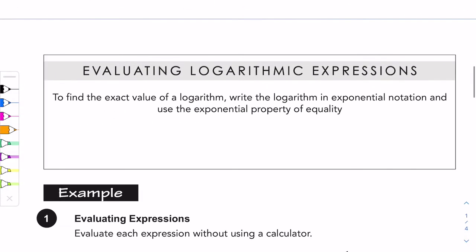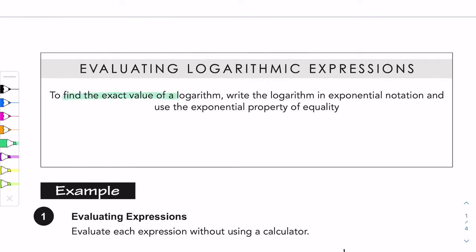Evaluating log expressions. To find the exact value of a logarithm, write the logarithm in exponential notation and use the property of equality.